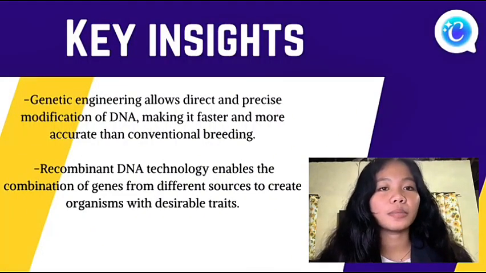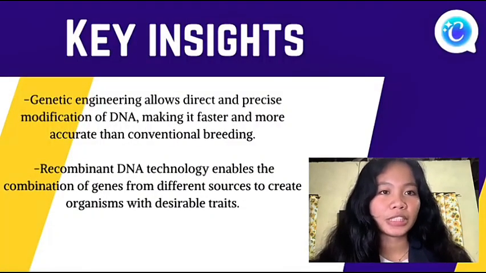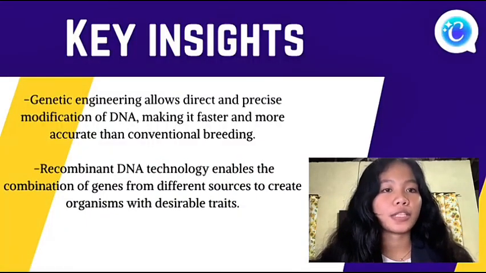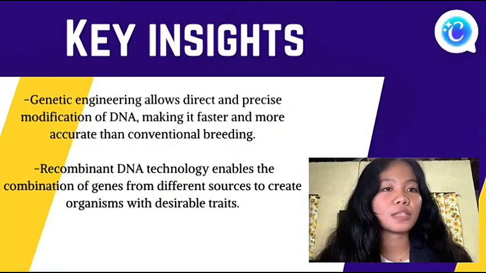Unlike conventional breeding, which relies on random inheritance over many generations, genetic engineering allows scientists to insert, remove, or alter specific genes with precision. This makes the process faster, more predictable, and more effective.